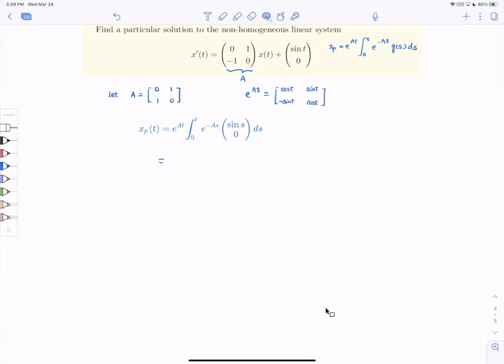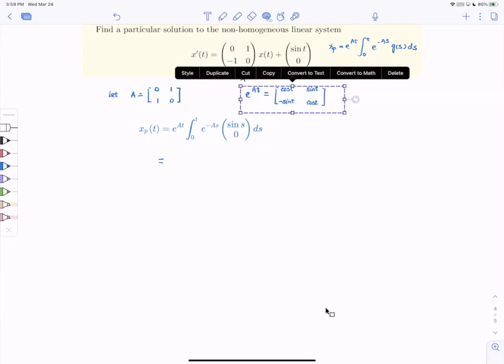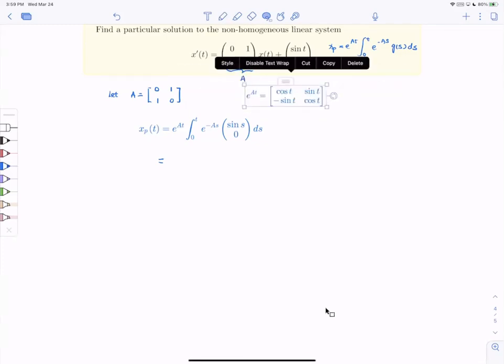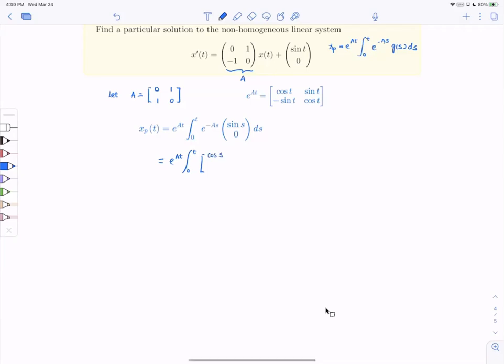Okay, so I'll convert this too, in case anyone cannot read my writing. Okay, there we go. So this equals e to the At times the integral from 0 to t of e to the negative As, which is the matrix cosine s, negative sine s, sine s, cosine s, times the vector sine s, 0, ds.